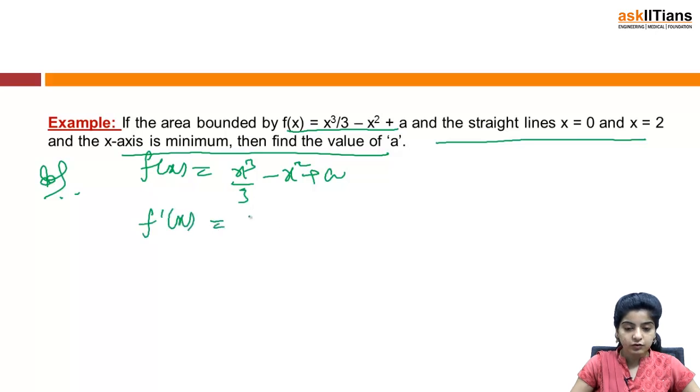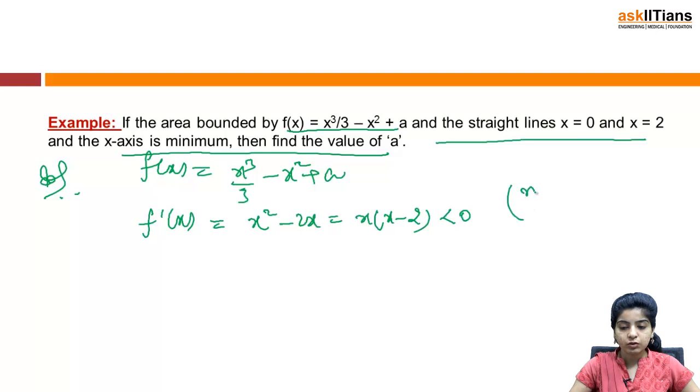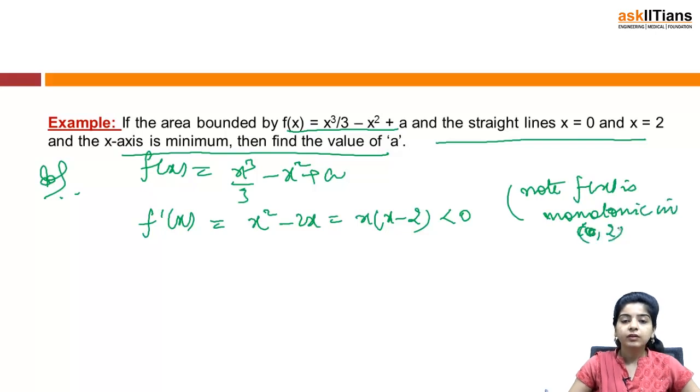So f dash x would be 3x square by 3, that is x square minus 2x. I can write it as x into (x minus 2), and this is less than 0. You must note that f(x) is monotonic in (0, 2). Right? So this is less than 0.